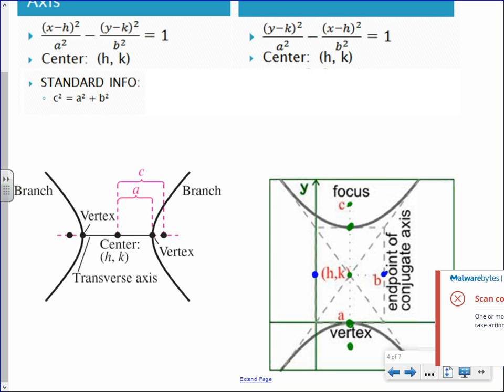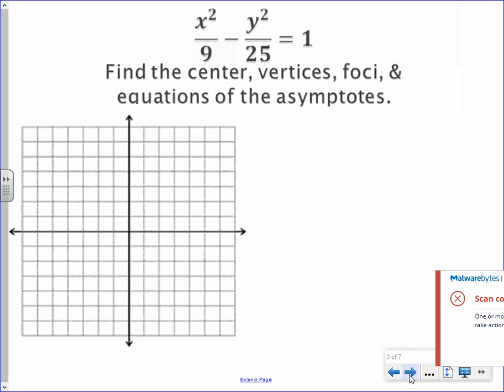Does everyone have what they need written down, drawn out, labeled? Give me a thumbs down if you need more time. Okay, here we go. Write it down. X squared over 9 minus y squared over 25 equals 1.